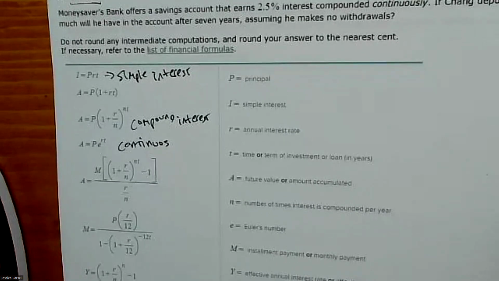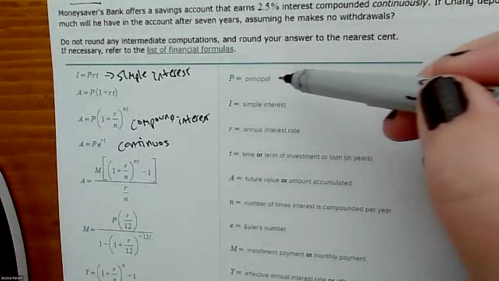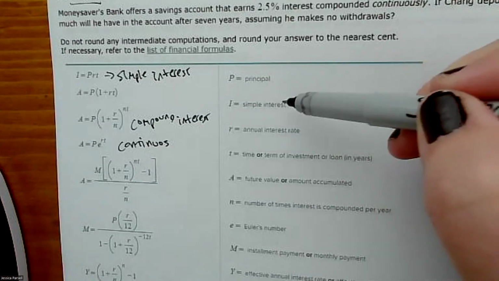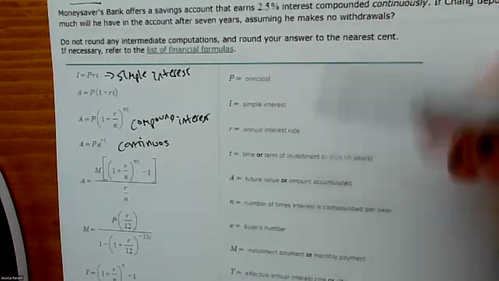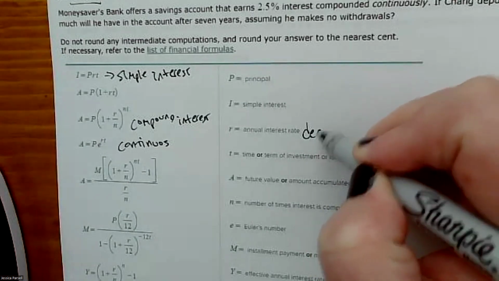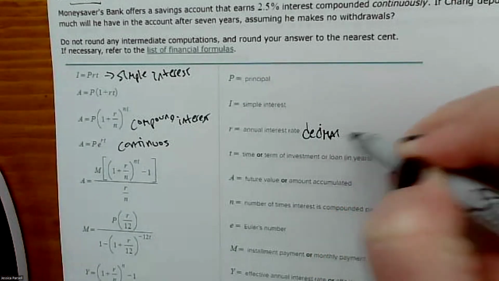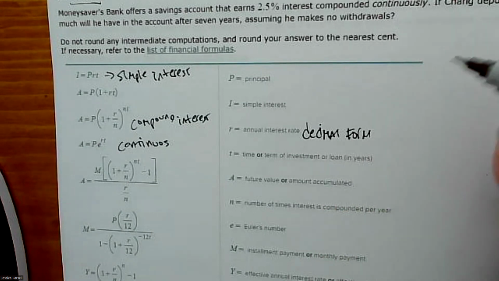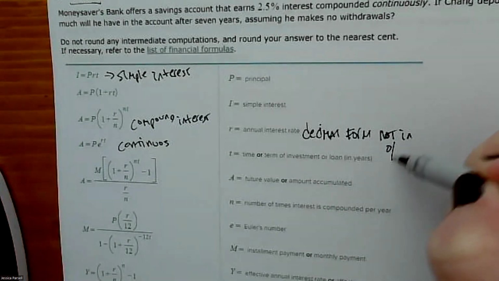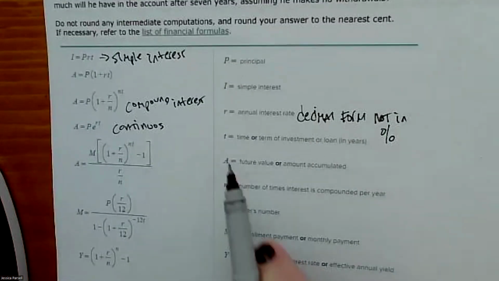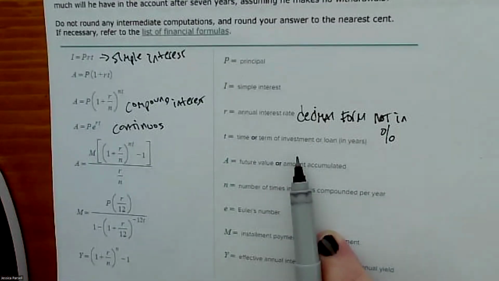Okay, what do all these little symbols mean? If you see a P, that's principal. I is interest. R is your annual interest rate. Put a little note here. This should always be in decimal form. You always want to take it not in percent. You got your T, which is your time of investment.